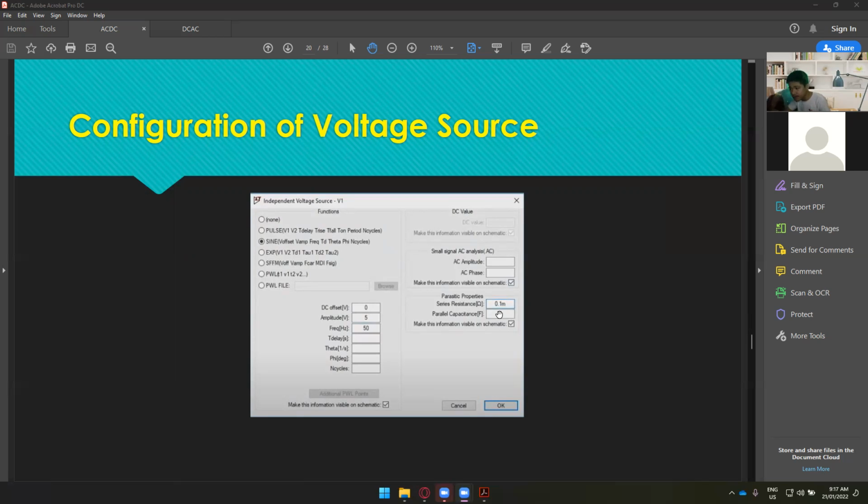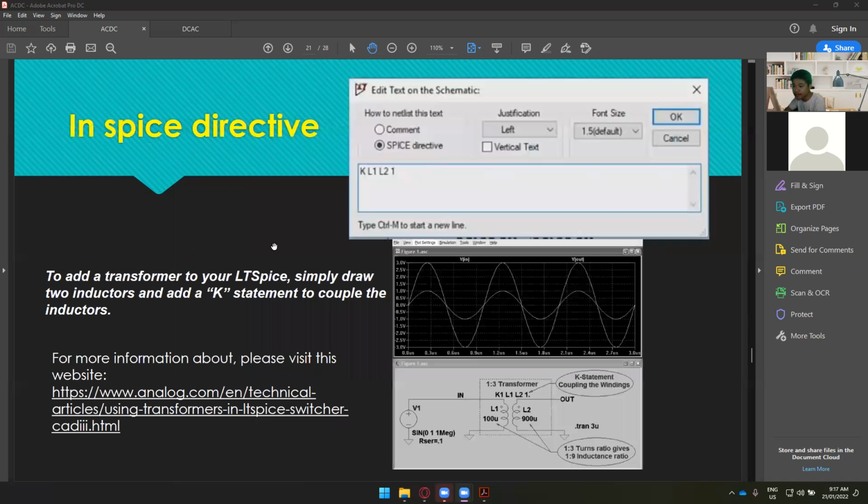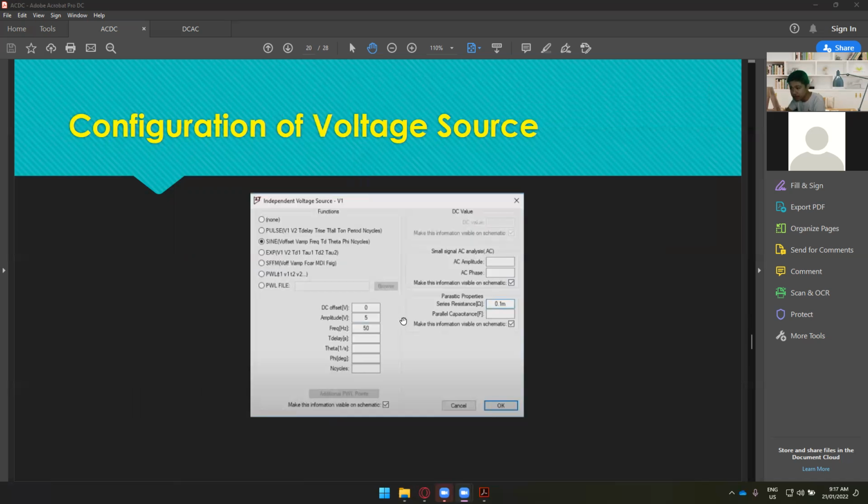I'm not really sure anymore, but I think this is milliohm, not mega ohm. Anyway, that's it for the AC input.